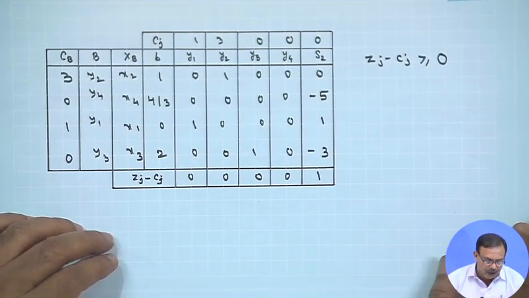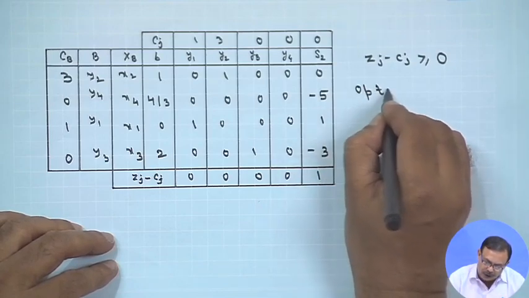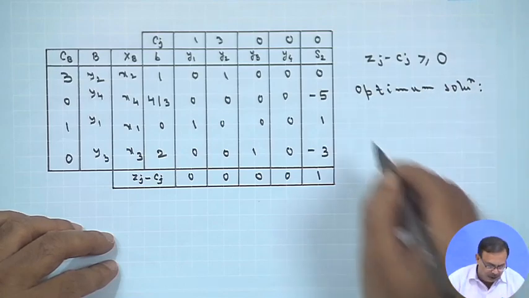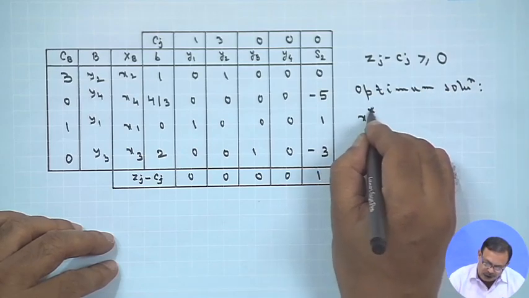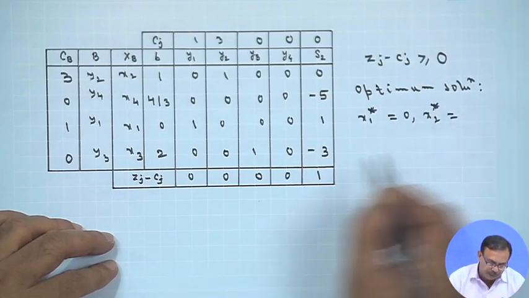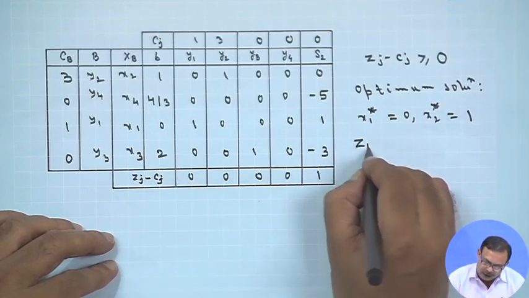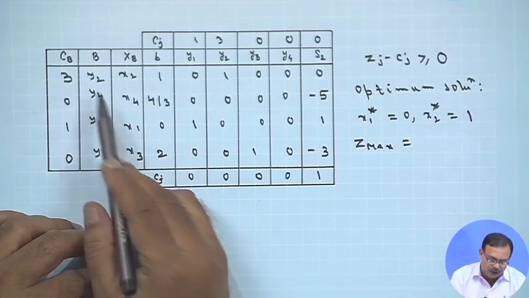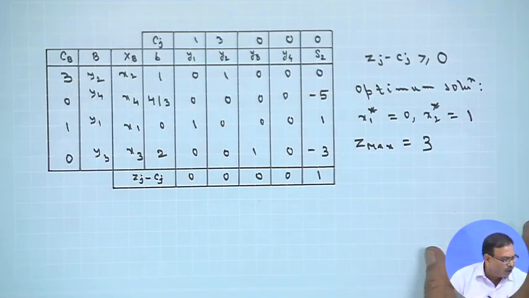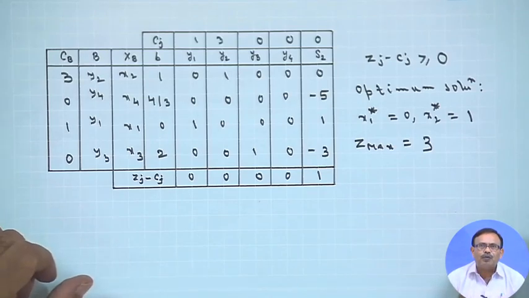Therefore, this solution is optimum, and you can write down your optimum solution as x1 star equals 0, x2 star equals 1, and z max, the maximum value of z, equals 3 into 1 plus 0 into 1. So, this is 3.